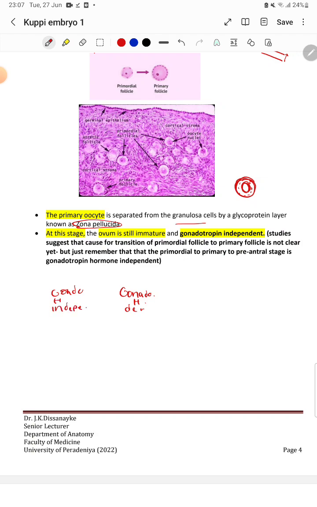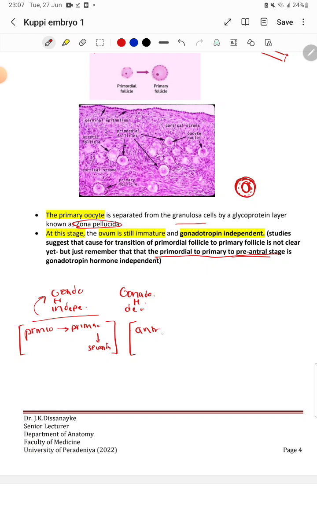The stage where the primordial follicle turns into the primary follicle and also the secondary follicle is known as gonadotropin independent. So it doesn't really depend on the gonadotropin hormones. Like I mentioned here, primordial to primary to pre-antral stage, at this point, is gonadotropin independent.